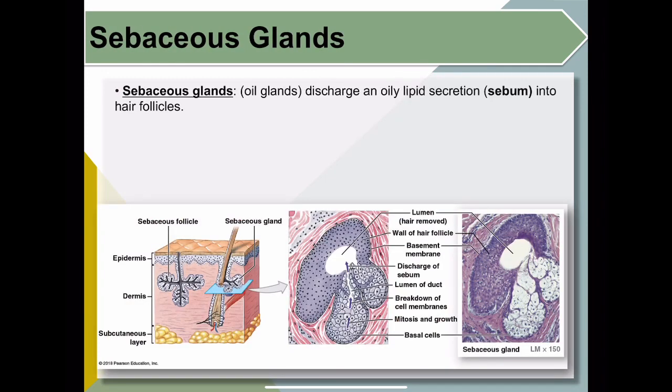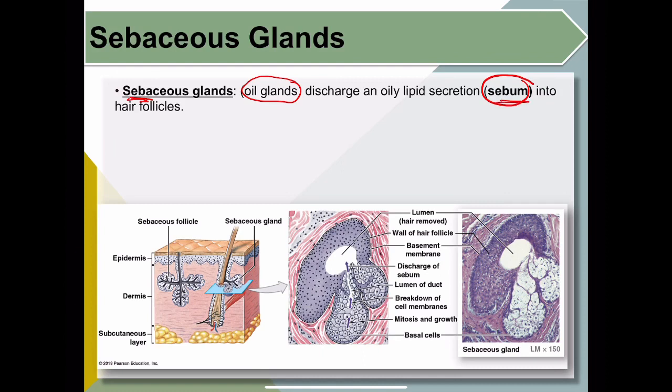Okay? All right, so the two main types of glands we'll talk about in the skin are sebaceous and sudoriferous glands. Sebaceous glands are the oil glands of the skin that release oil, some sort of lipid secretion, and we call that sebum. So sebaceous glands, seba for sebum.